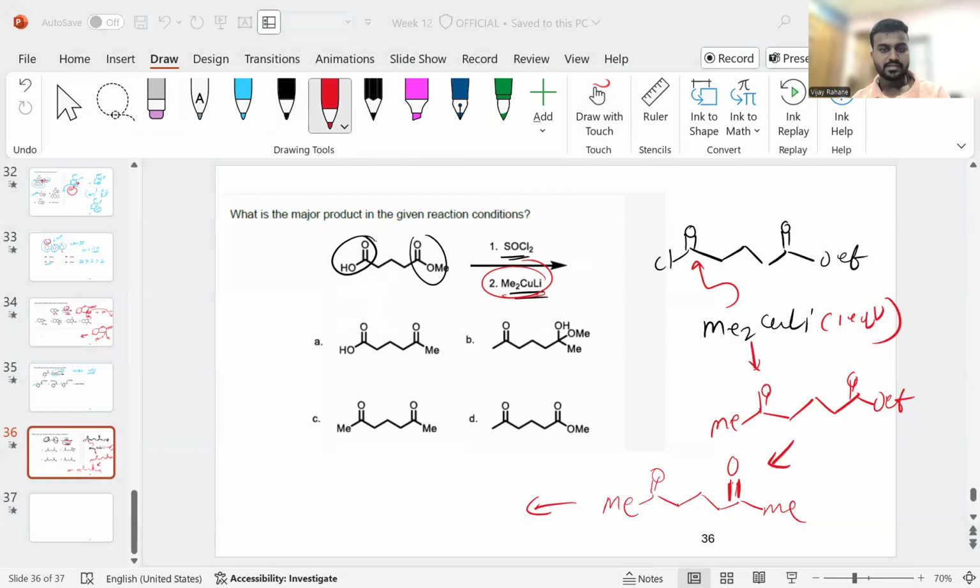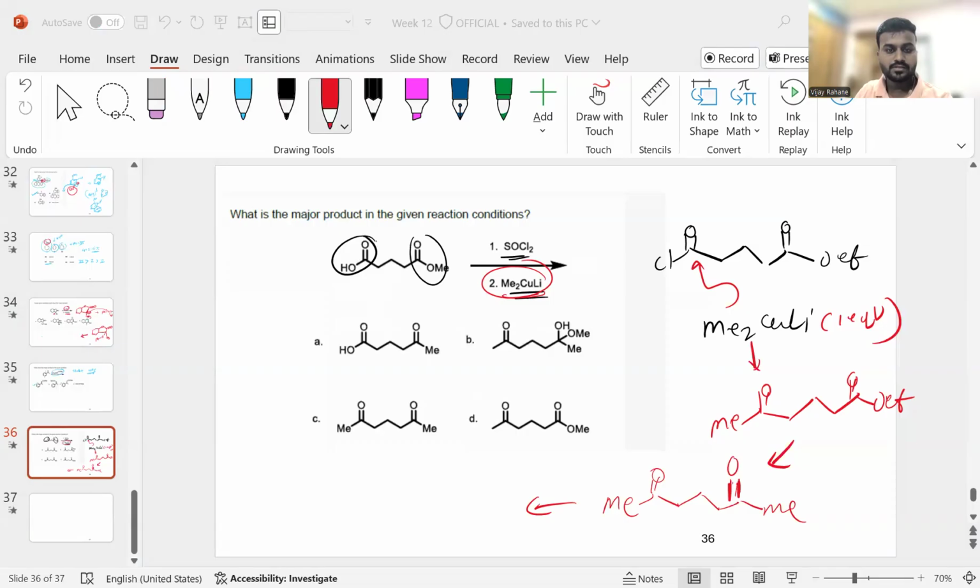Then question number 8 is a formylation reaction with anisole and DMF, POCl3. That will be a formylation reaction, and it will go to the para position of this electron donating group. You need to keep that in mind.